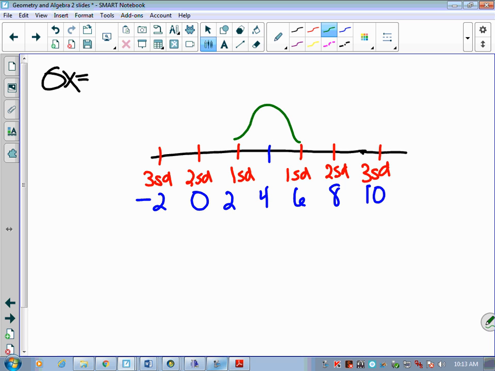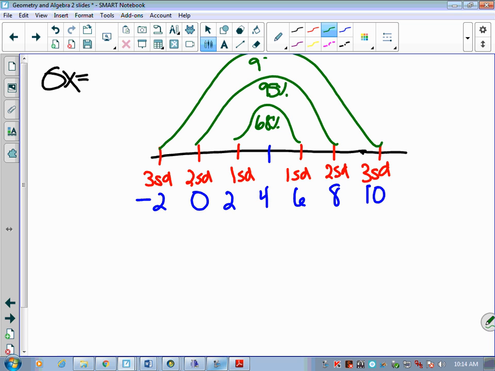What they're showing you in that slide is that one standard deviation from here to here is going to cover 68% of my data. Two standard deviations is going to hold 95% of the data. And three standard deviations is going to hold 99.7%.